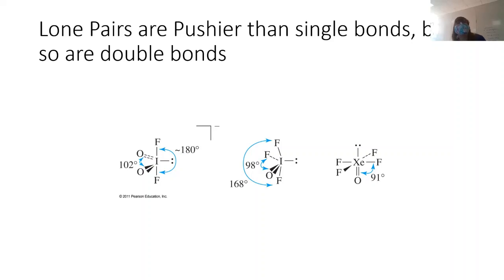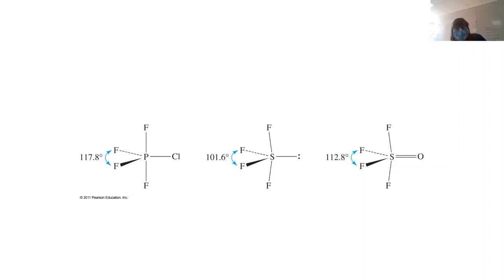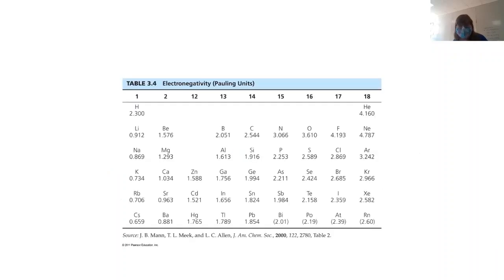So double bonds and lone pairs can push things away from one another. This shows the same idea: if we have a lone pair, like the one in the middle, our bond angle gets smaller, or if we have a double bond, that bond angle gets smaller. All right, so that's stuff we covered freshman year.